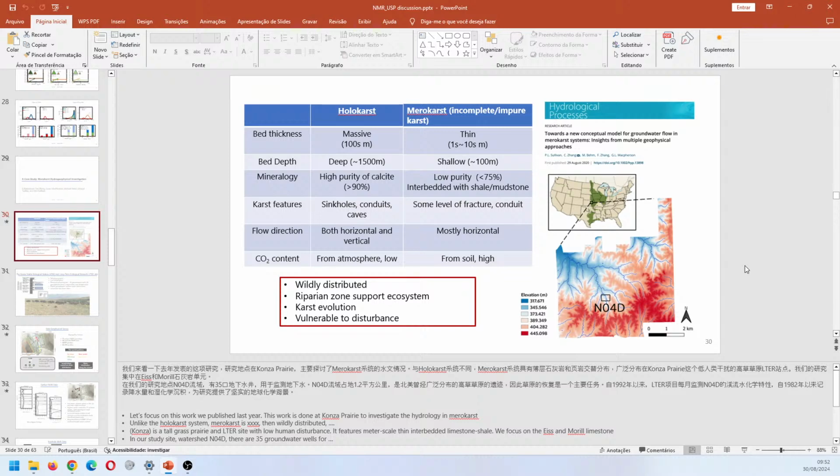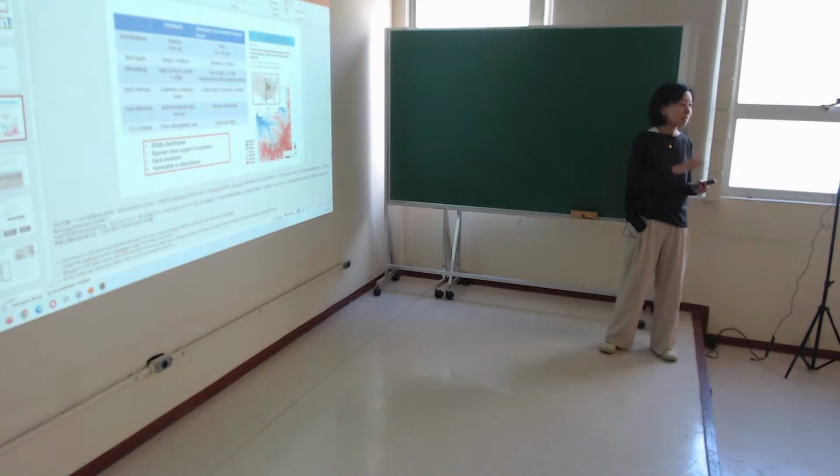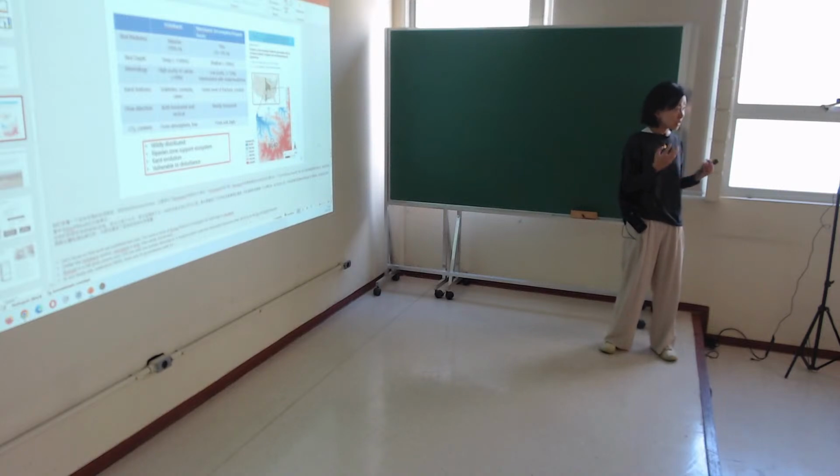So this is the work I've been talking about for the CCD program project, the work we have done in a smaller watershed in Kansas. It's very shallow and has interbedded limestone and shale formation. The problem we're dealing with in general is the same as the Extrema case. For example, we're trying to understand where the water is flowing.